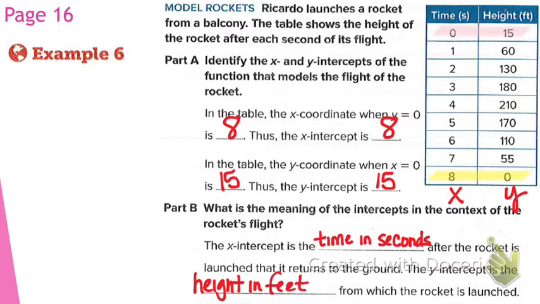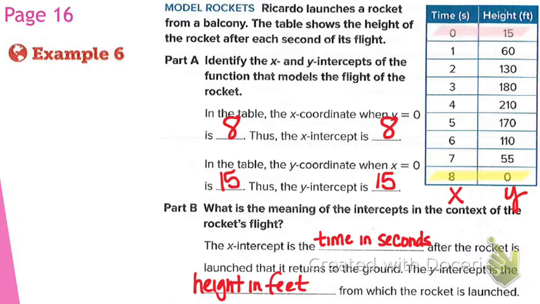That's how high Ricardo was when he dropped the rocket. When he let it go, he was 15 feet high, and it took 8 seconds for it to hit the ground. That's the meaning of that. Any questions about that example? All right, that's the end of our x and y intercept.